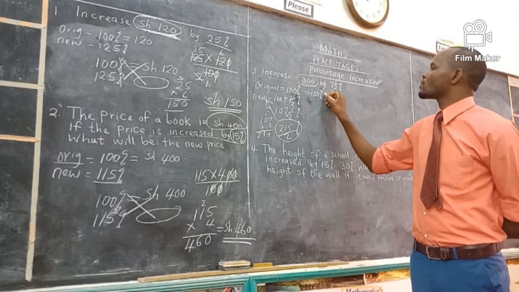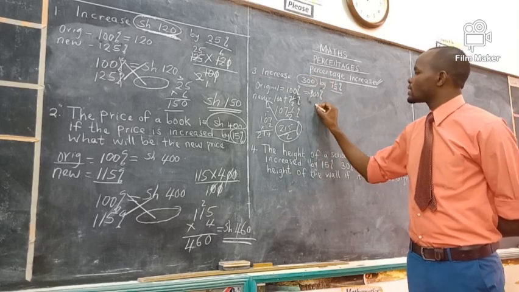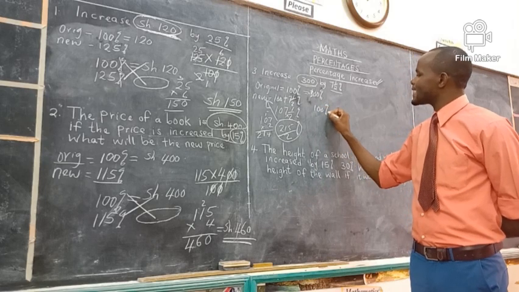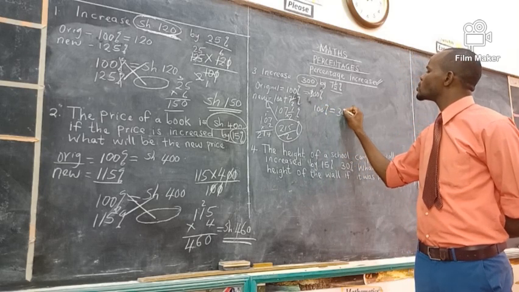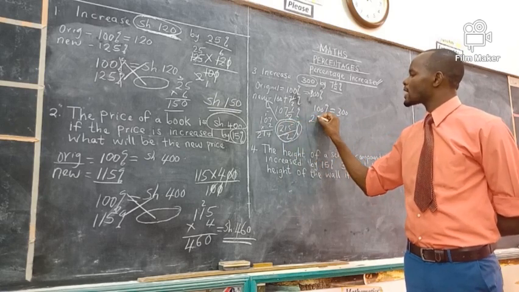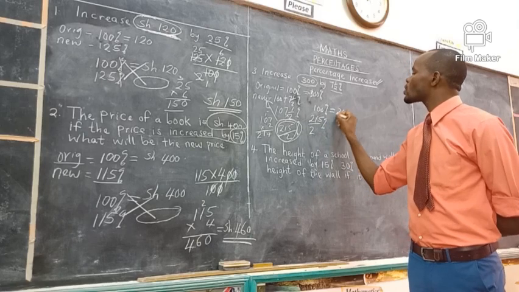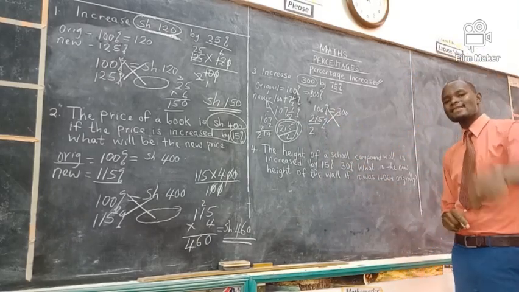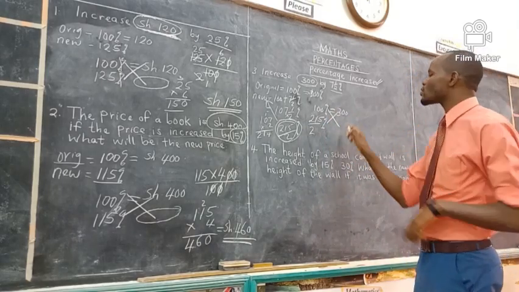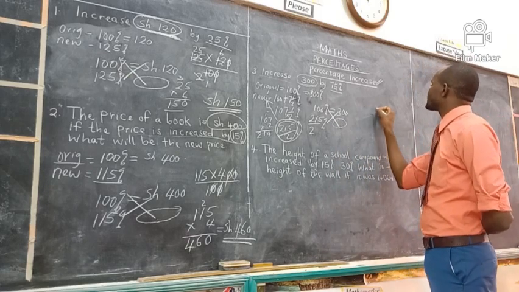This is 100% equivalent to 300. What about our new percentage, 215 over 2%? Cross multiplied. The number which is cross multiplied to nothing will be our denominator.